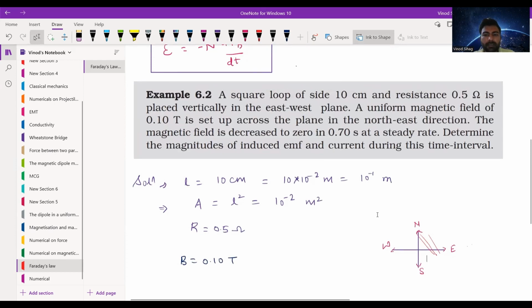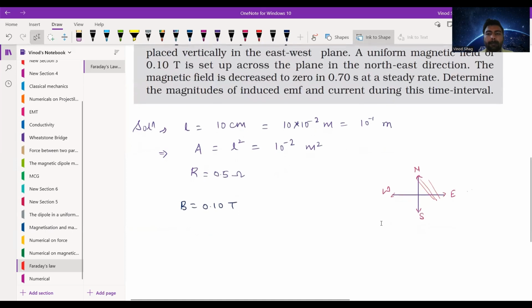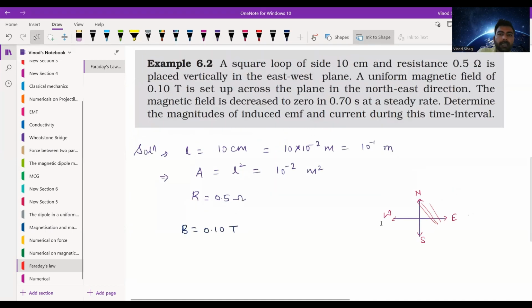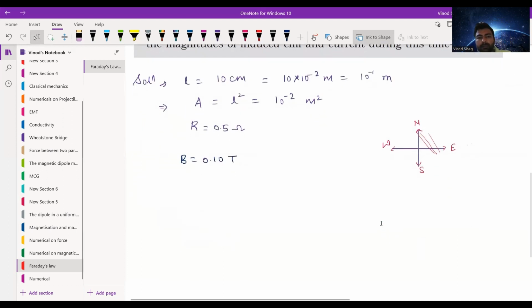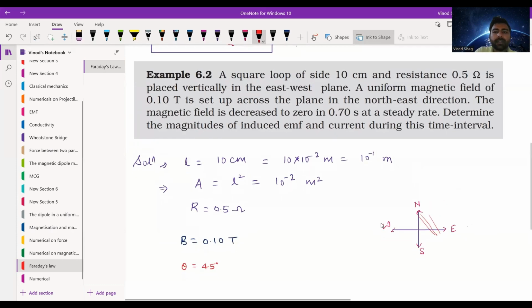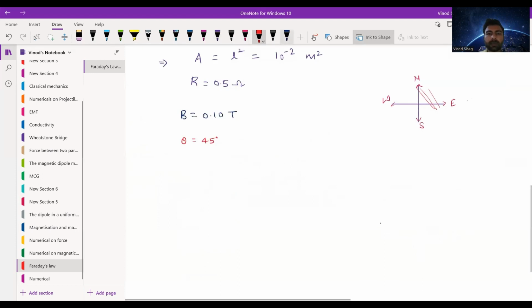If the square loop is placed in the east-west plane, then its area vector will be in the upward direction. Okay, and the area vector and the magnetic field both are having the angle theta equals to 45 degree.